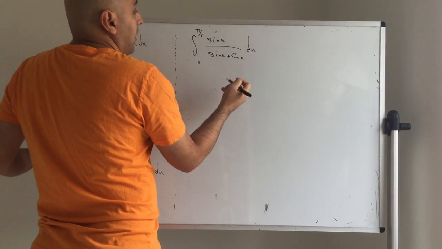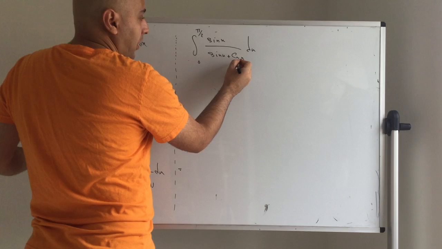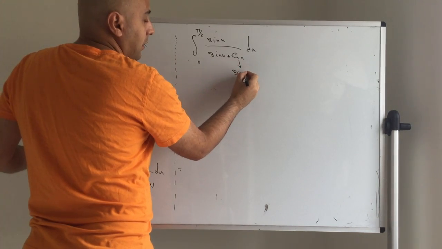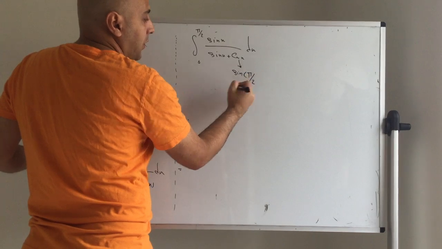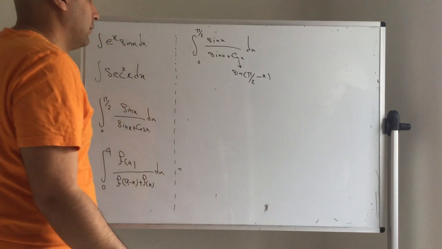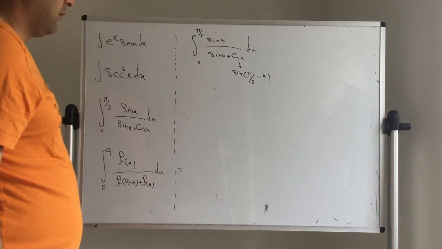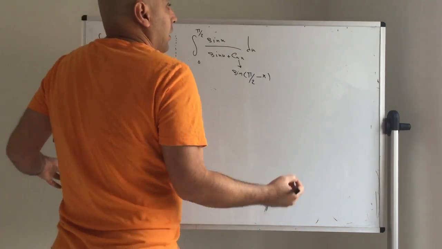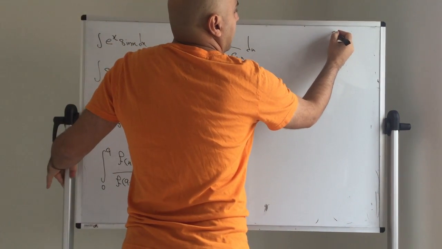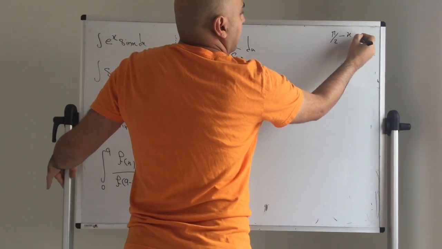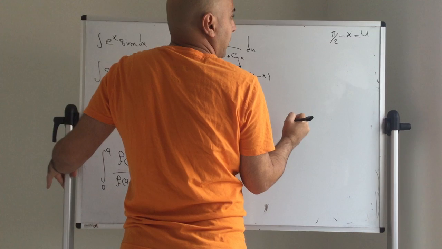Okay. We can write it as cosine of x times sine of pi over 2 minus x. Now variable change: pi over 2 minus x equal u.